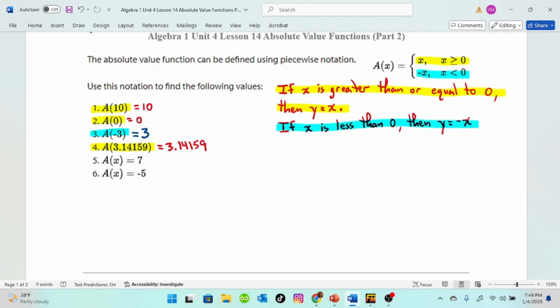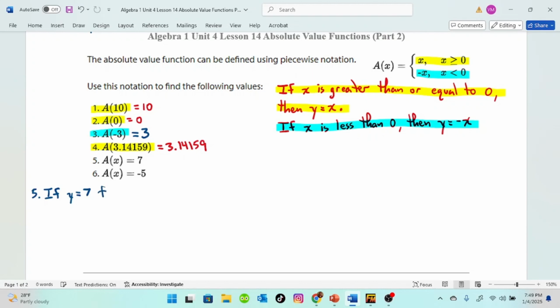So on number 5, we have two choices. If y equals 7, then there's two options. Either x was 7, and it followed the top rule, and it came out to 7, or that 7 is really negative 7, in which case it would follow the bottom.